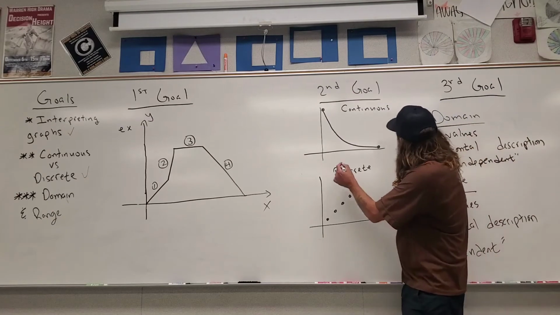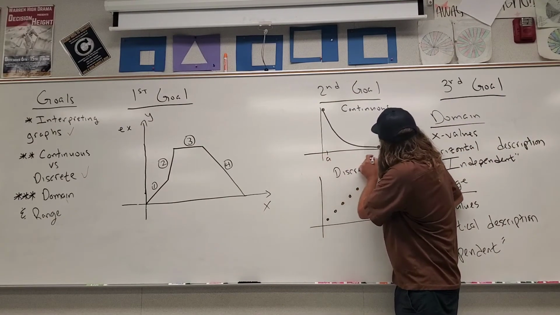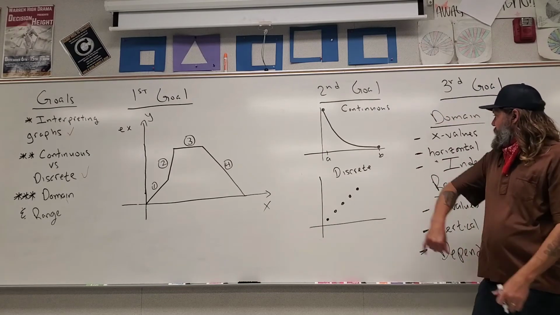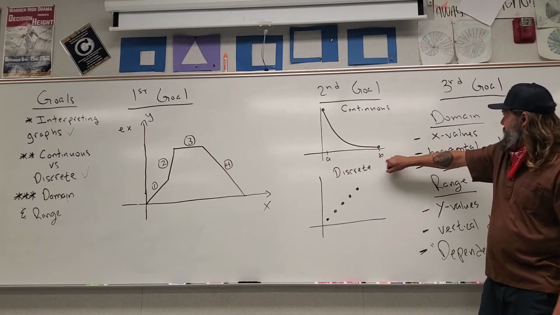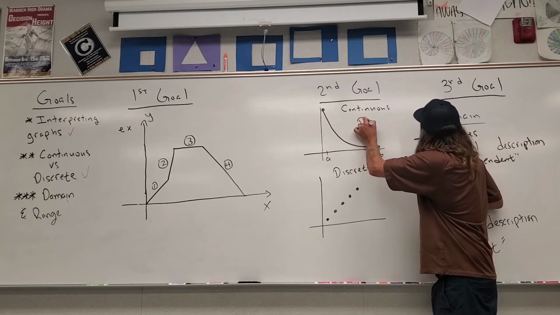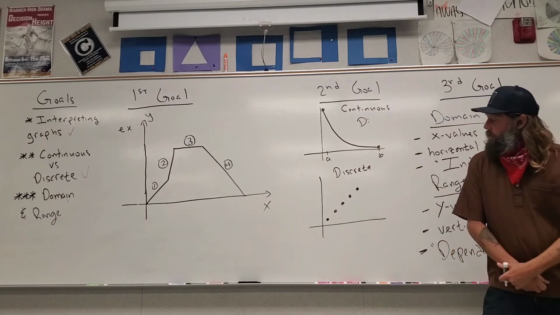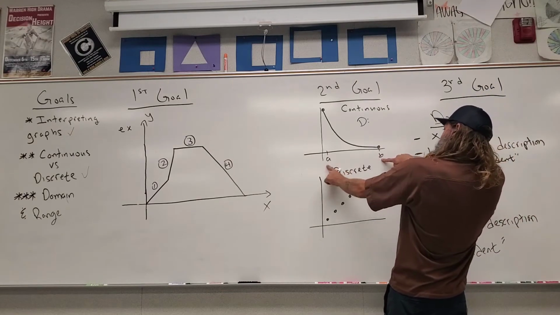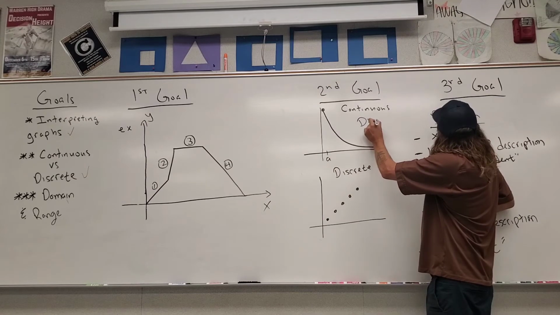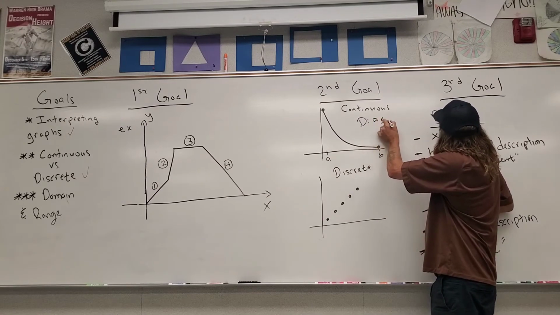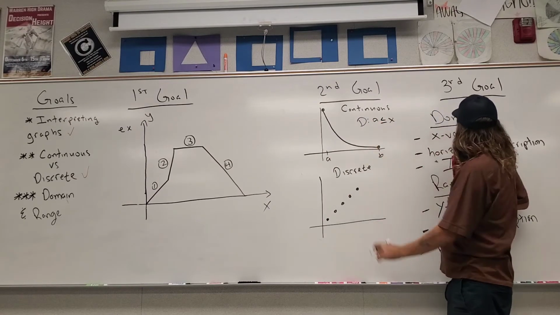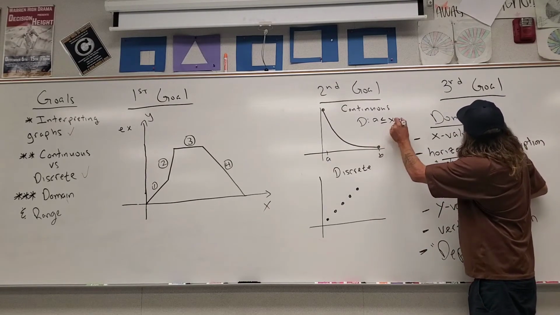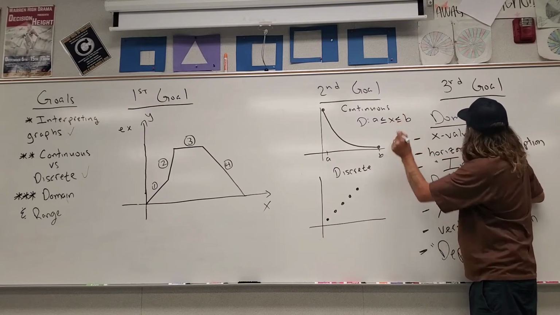So let's just say that this value here was A, and this value here is B. We would say that the domain, or the horizontal description of this graph, and this is why we talked about compound inequalities, is that the shading is technically between A and B. So the domain would be between the values of A, and we're going to use X because X is my horizontal value. So the domain goes from A to B.